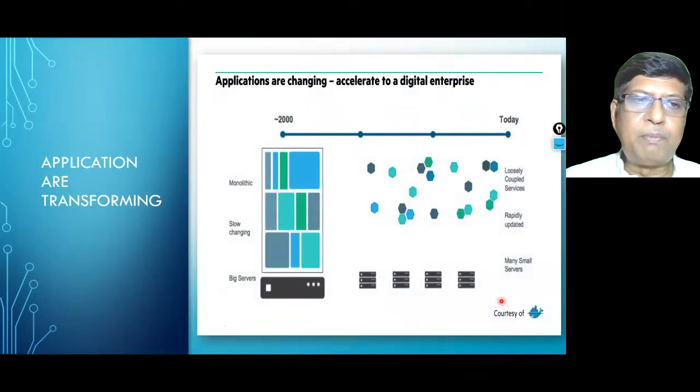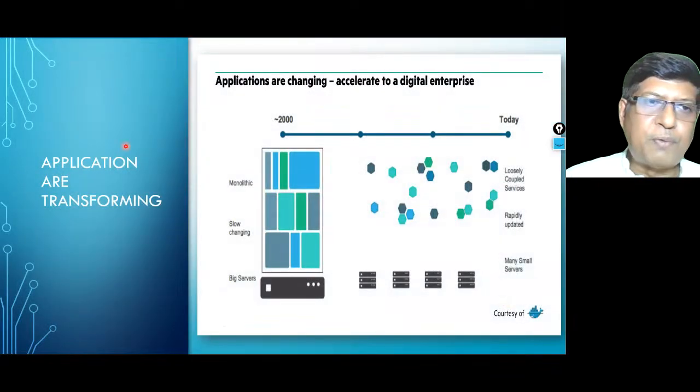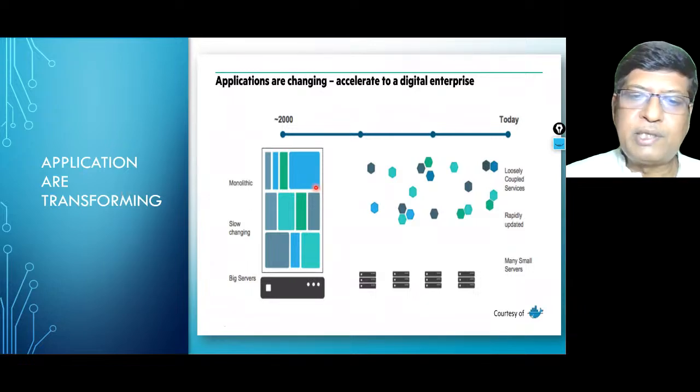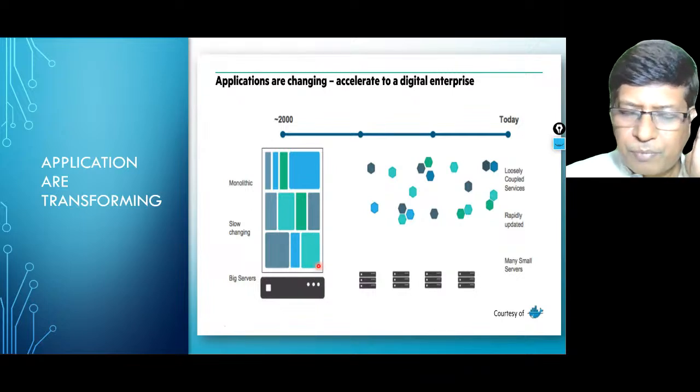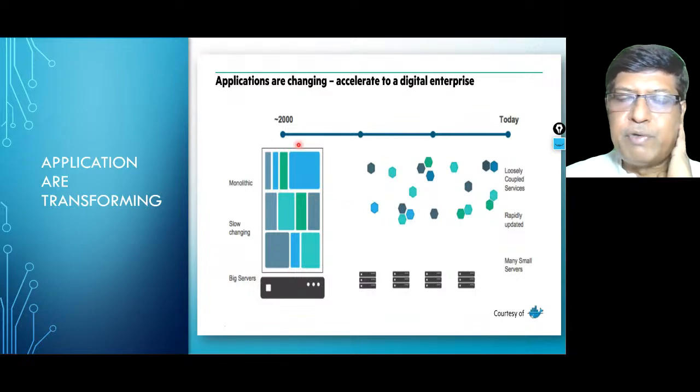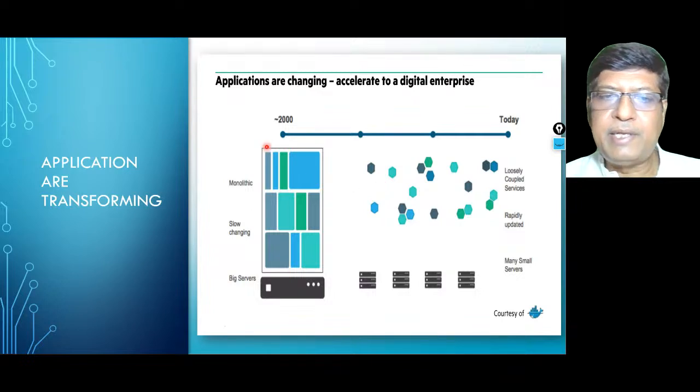So this is all because we are transforming. The applications are transforming. It was monolithic earlier, which was a single layer application. All these functionalities are closely coupled, tightly coupled. It is called tightly coupled. And these are microservices. As we moved from 2000 to today, 2024, you will never find these applications.